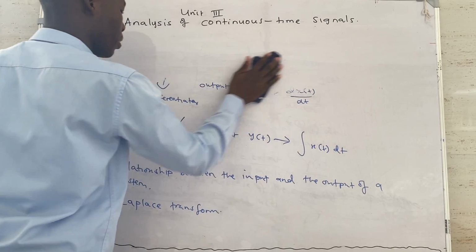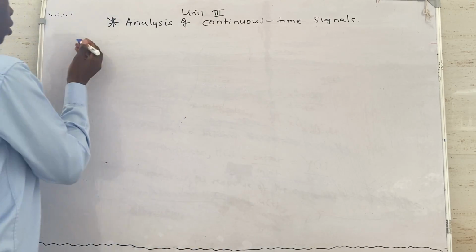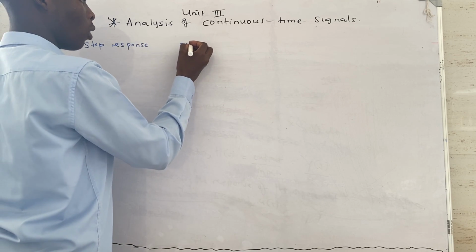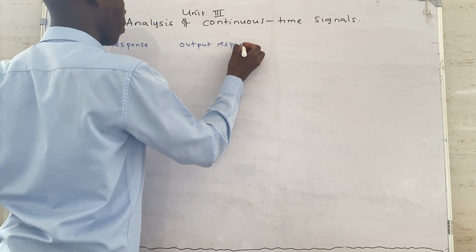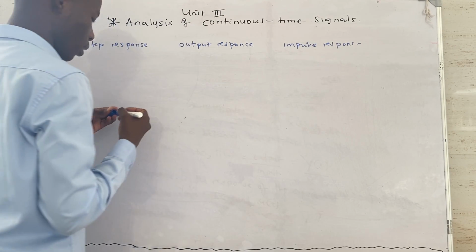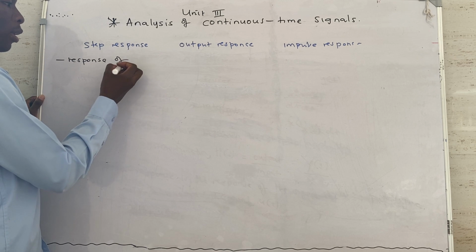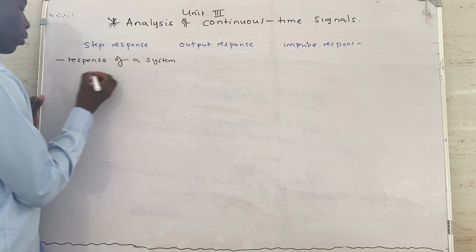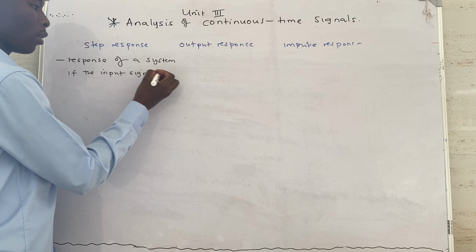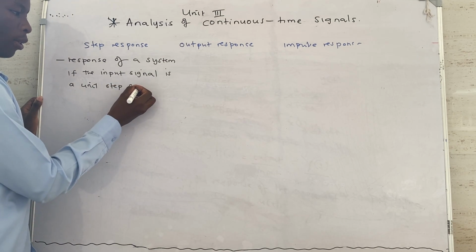We have the step response, impulse response, and the output response of the system. The step response is nothing but the response of a system if the input signal is a unit step signal.